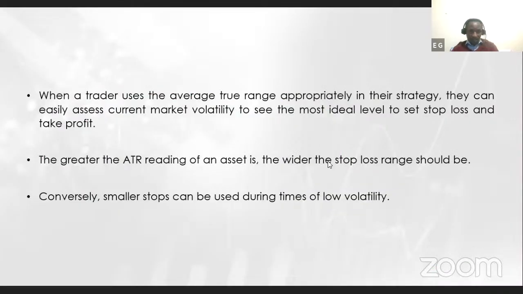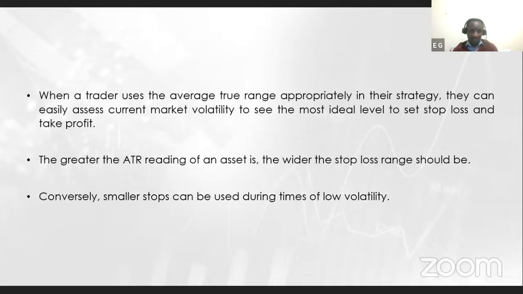So when a trader uses the average true range in their strategy, they can easily assess current market volatility to see the most ideal level to set stop loss and take profit. As I've mentioned, you can use ATR to guide you to know where to set, or by how many pips one would want to set their risk parameters.